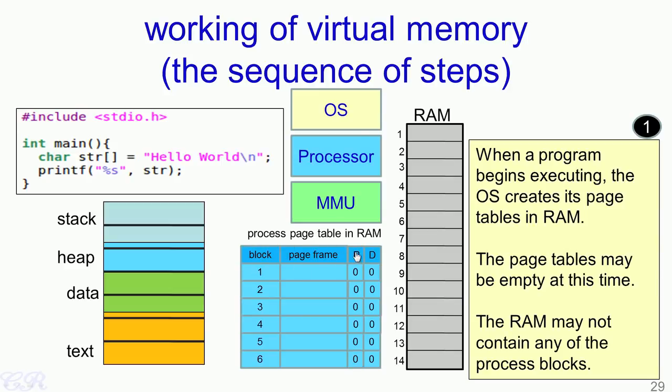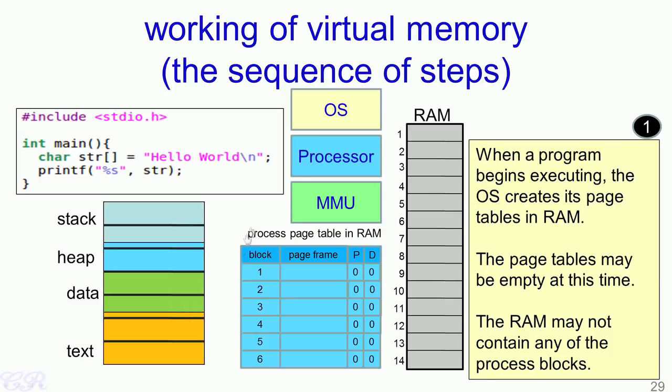Ideally, this page table will have the present bits set to all 0, and the other parts of the page table may or may not be empty at this point in time. Third, the RAM may or may not contain any of the process blocks corresponding to the newly created process.